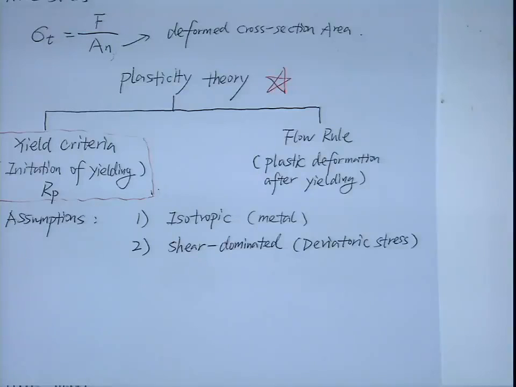It's mostly multi-axial 3D loading. So it's not uniaxial loading. So our aim here is to make it simple to calculate the result, to predict the yielding, rather than using this very complex 3D general stress state.